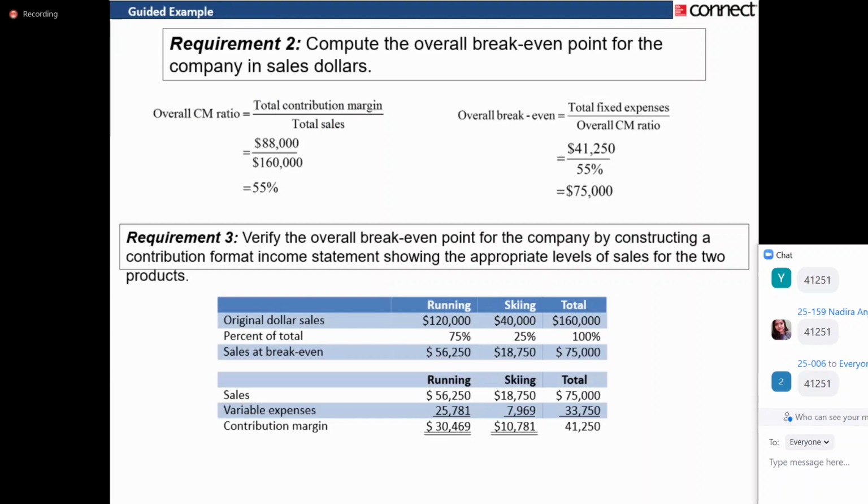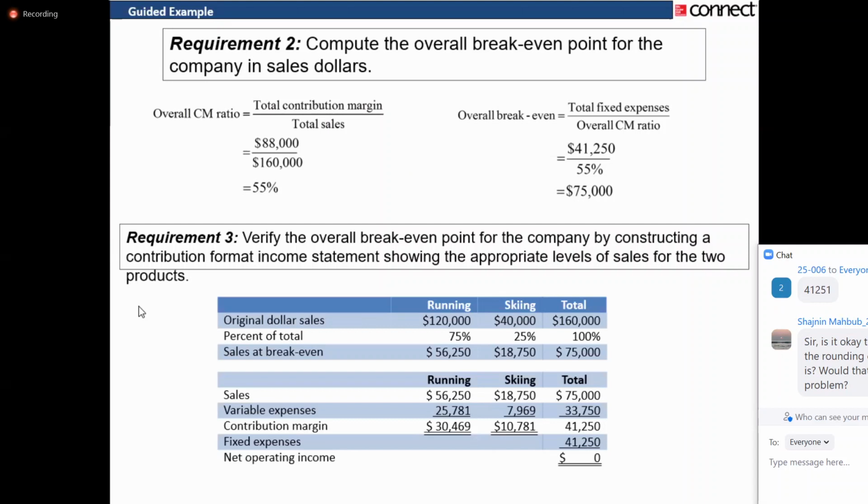Then when we subtract the fixed expense of 41,250 from the total contribution margin, we get the net operating income of 0. So this is the evidence that at break-even sales, we have a net operating income of 0.